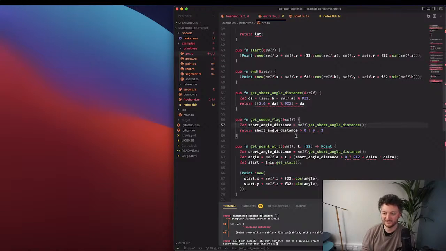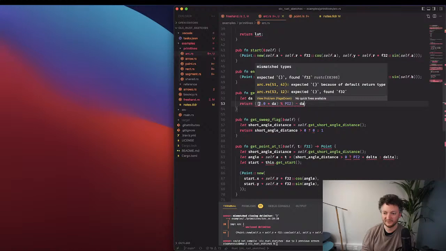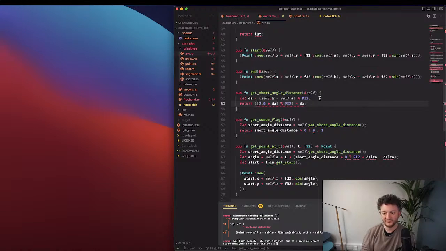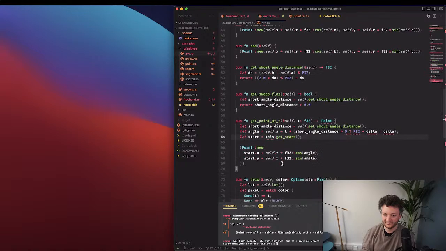Oh, okay. There's actually quite a few errors here. Return. Let's just do a Boolean. This is a point. This is not this. Like get start.